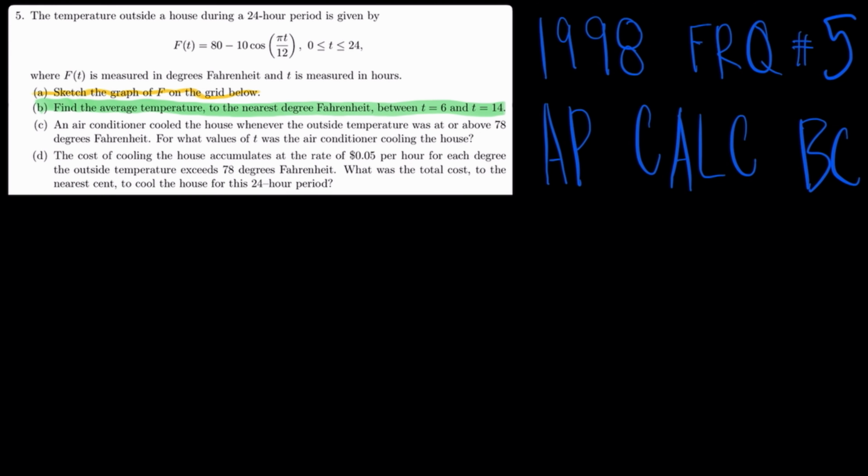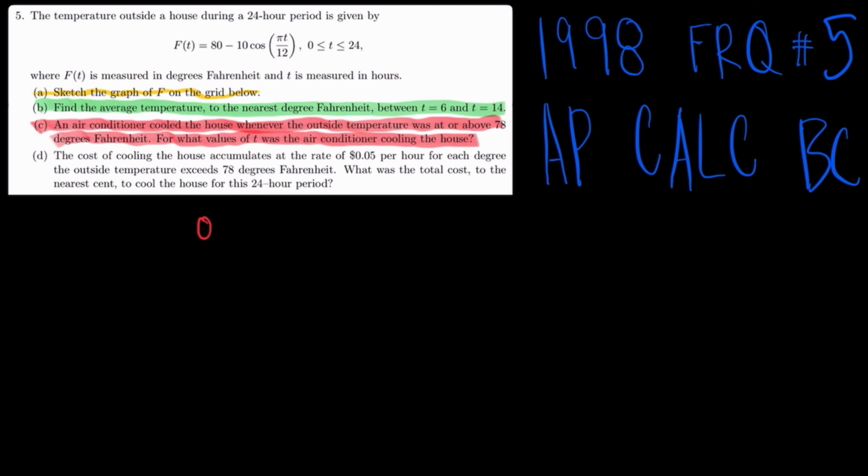Let's get into part C. We are told that an air conditioner cooled the house whenever the outside temperature was at or above 78 degrees Fahrenheit. For what values of t was the air conditioner cooling the house?